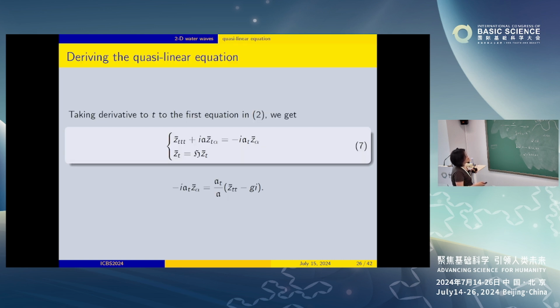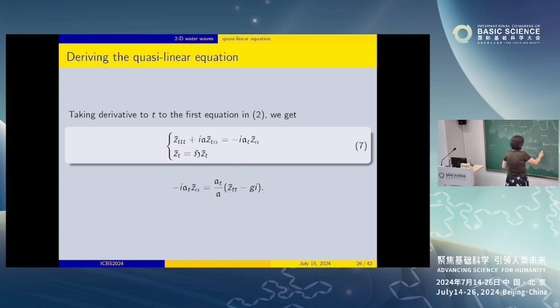Also, we have learned in these early works that by taking one more derivative in time, you exactly get a quasi-linear equation. How do we see this? Remember the Euler equation is ZTT plus I equal to IA Z alpha.